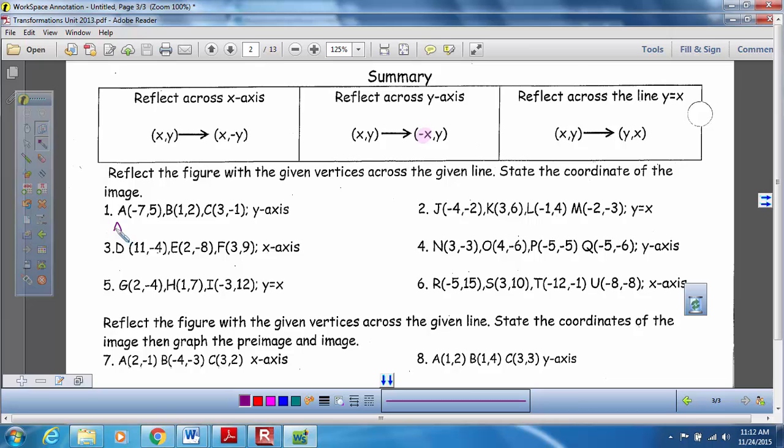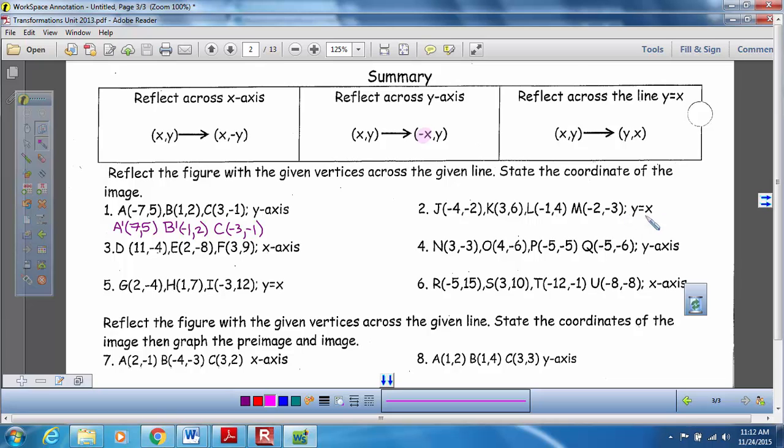So here I would write A prime, B prime, and C prime. Here our y would stay the same, so I'm going to go ahead and write 5, 2, and -1. Now, when I go back and look at my x's, all of these signs are going to change. So this would change from a -7 to a +7. This would change from a +1 to a -1, and this would change from a +3 to a -3. And there you go, we reflected it across the y-axis.